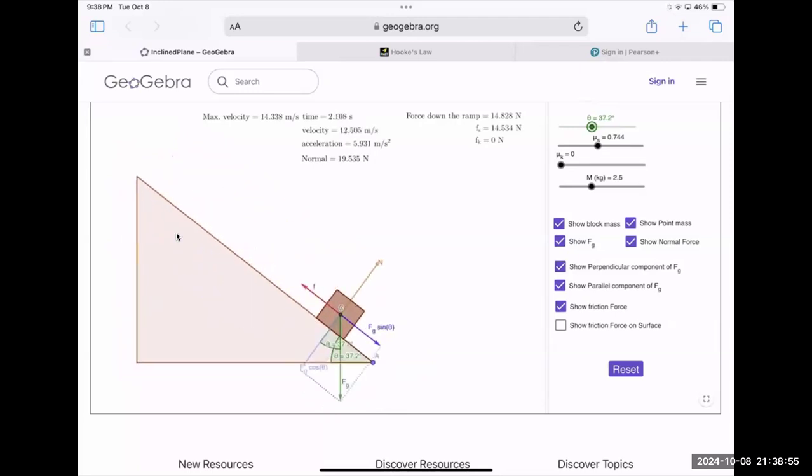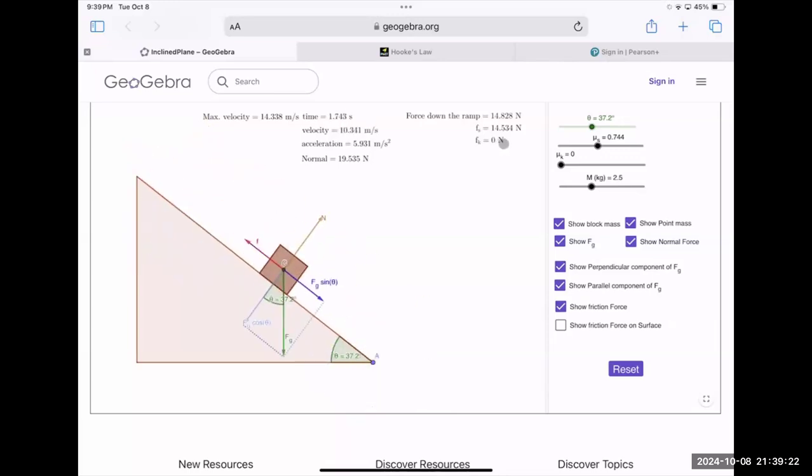And it is also giving you the maximum velocity it will gain when it reaches the bottom. When this block reaches the bottom, what's my maximum velocity? It shows the maximum velocity and how long it takes, what my acceleration is, what my normal value is, what the force down the ramp is, what the friction coefficient is, and what my kinetic friction is.